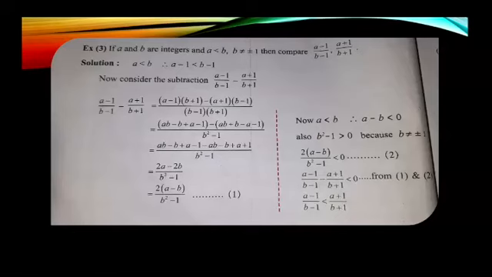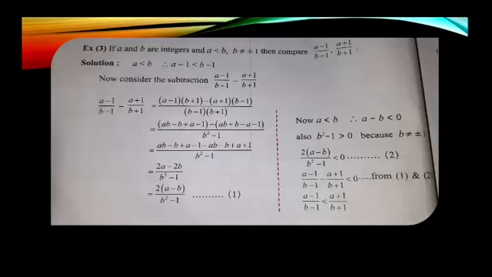Now consider the subtraction: (a minus 1)/(b minus 1) minus (a plus 1)/(b plus 1). Let us consider (a minus 1)/(b minus 1) as one number, and (a plus 1)/(b plus 1) as the other.